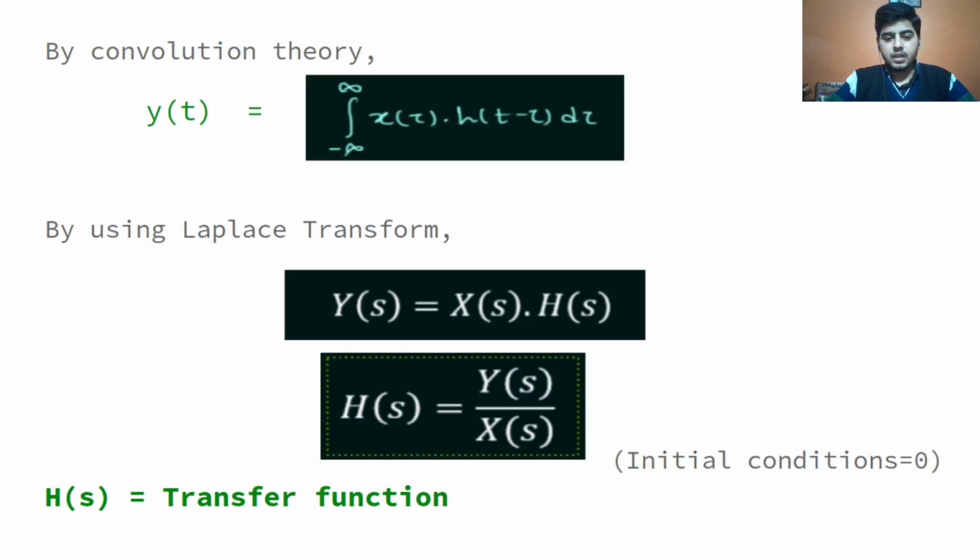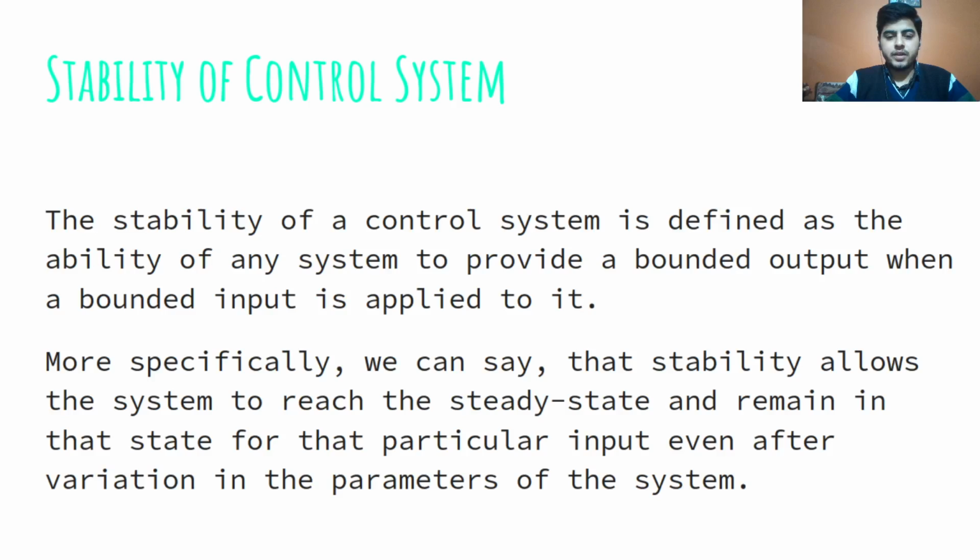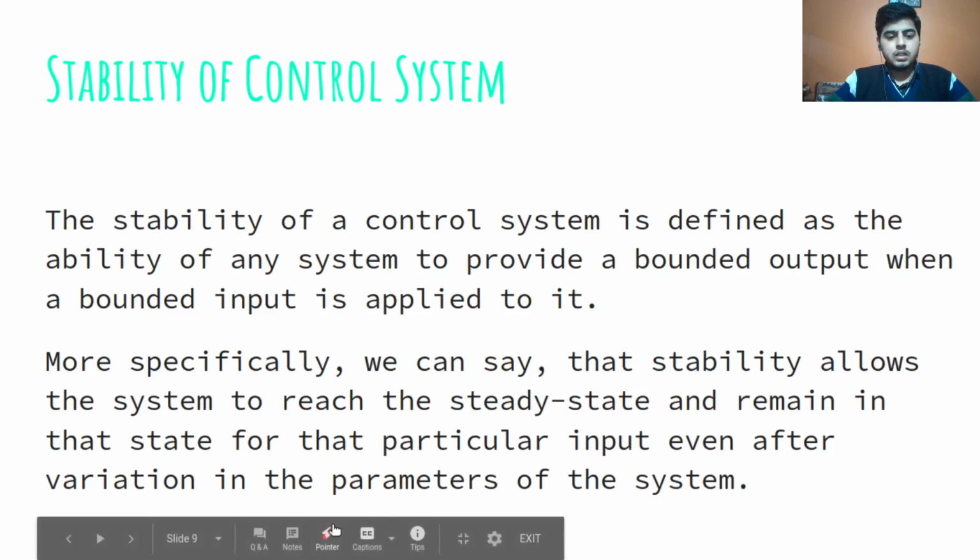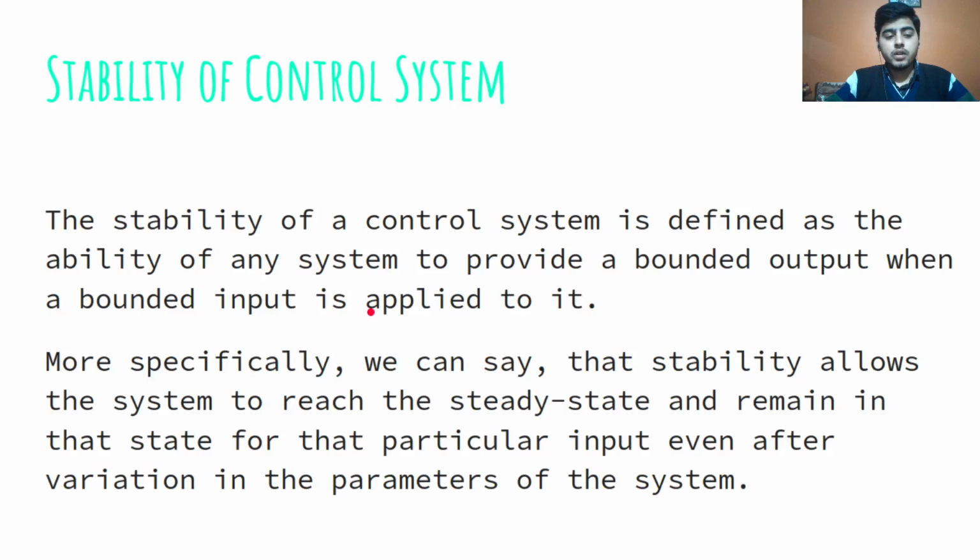So let's move ahead and see what stability is. Stability is defined as the ability of a system to provide a bounded output when a bounded input is applied to it.